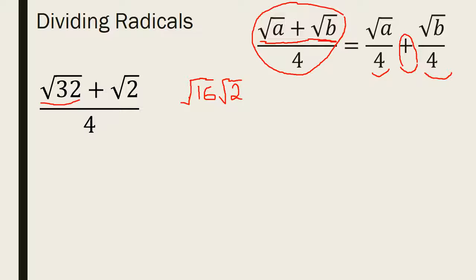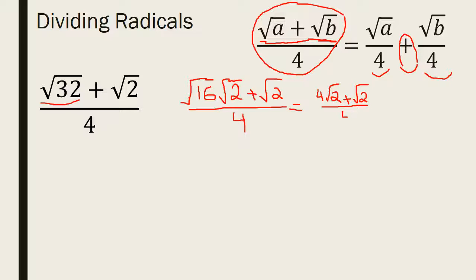So instead of radical 32, I'm going to put radical 16 times radical 2 plus radical 2 over 4. Now radical 16, or square root of 16, is 4. So I'm going to end up with 4 radical 2 plus radical 2 over 4.